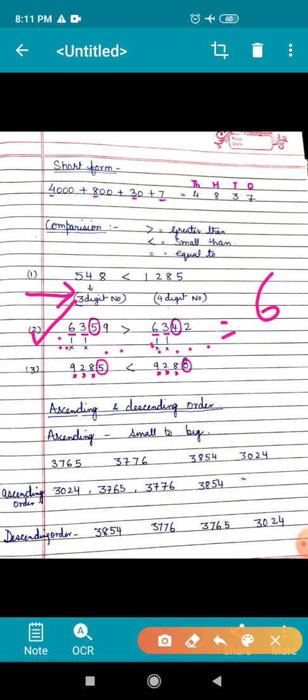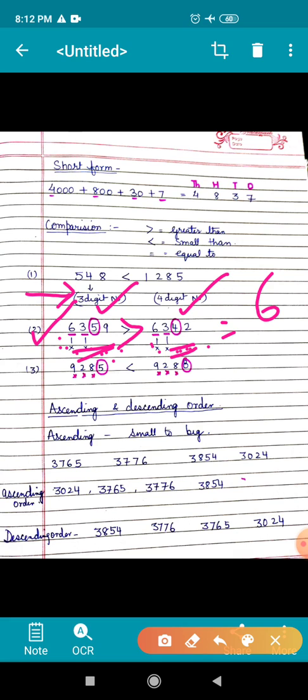Here also you can see the numbers are the same, 3, so you cannot compare on 100 place also. Then after that you will go on to tens place. Here you can see on tens place in this number 5, and on tens place in this number 4 is present. So obviously you will decide 5 is greater than 4, so you will put the greater sign.